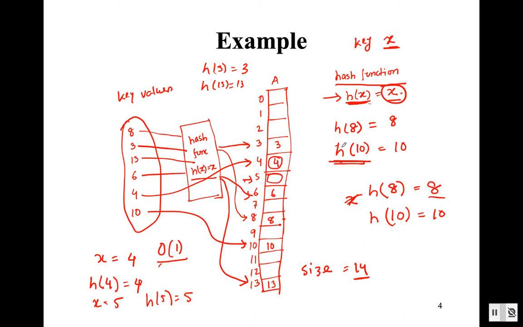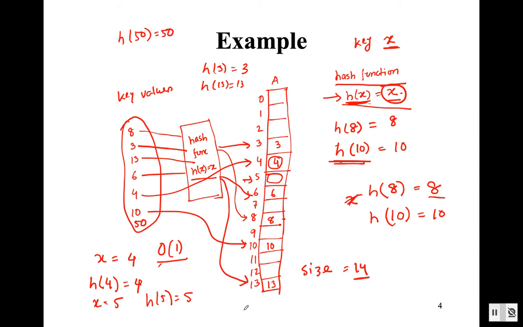All right, now what is the problem with this hash function? Let's say I have a new item 50 that I want to insert in the hash table. What will be the hash value for 50? It will be 50.